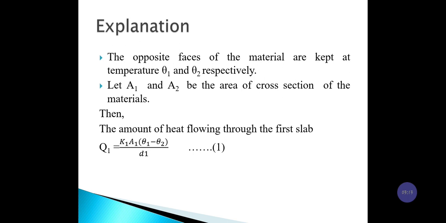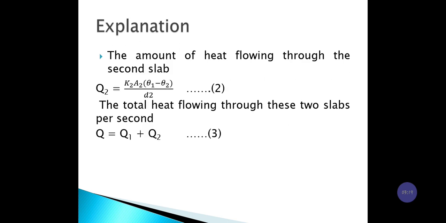Now similarly we can write the same equation for the second slab. The amount of heat flowing through the second slab, Q2 equal to K2A2 into theta 1 minus theta 2 divided by D2. Mark this equation as number 2.